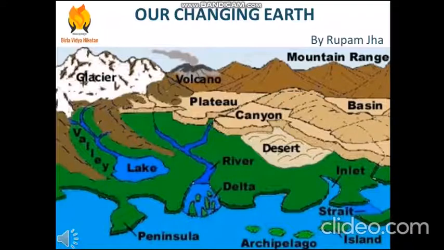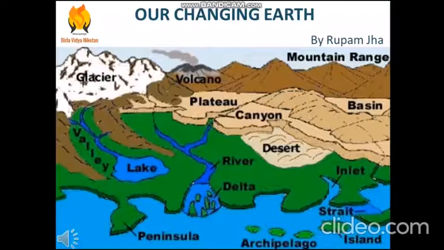Now, the movement of these plates causes changes on the surface of the earth. The earth movements are divided on the basis of the forces which cause them. Thus, there are two types of earth movements based on the forces acting on them: endogenic forces and exogenic forces.